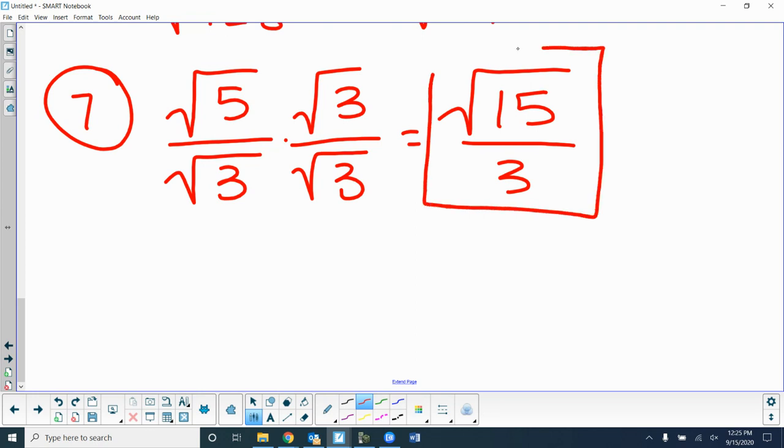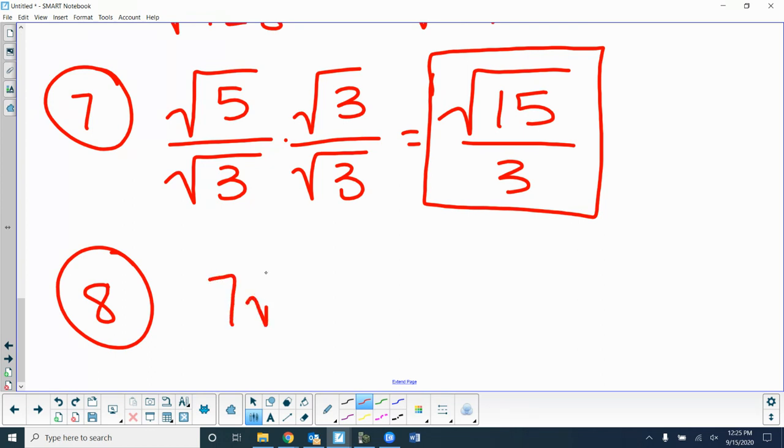I saw a few people that turned it into the square root of 5. Is that correct? No, I cannot divide that 3 into that 15 now, because they're not both under the radical sign or both outside the radical sign.